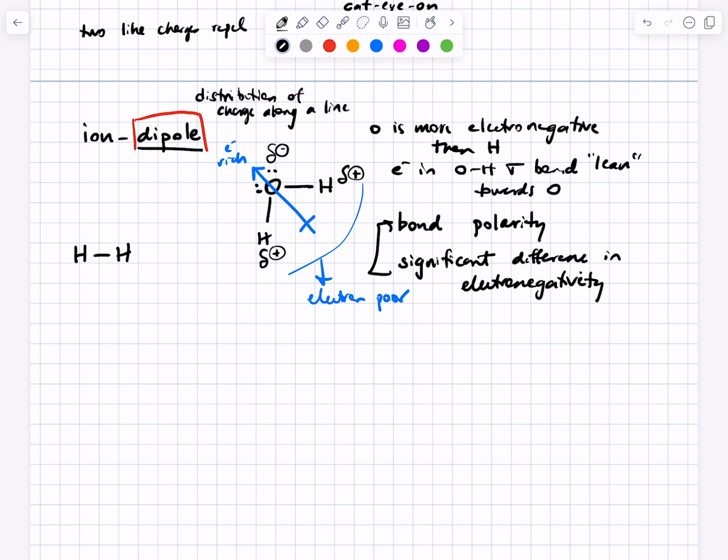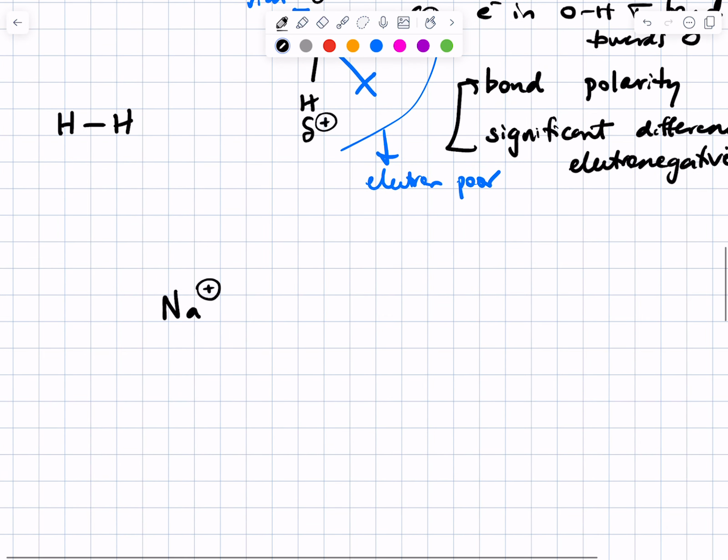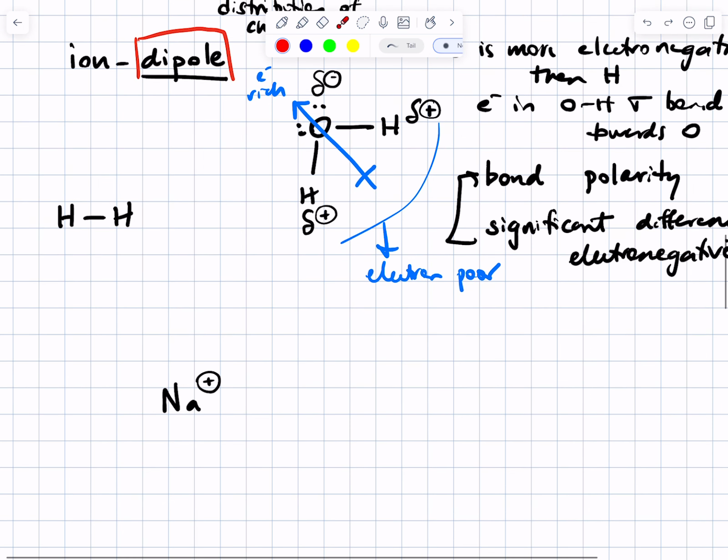Now, what is an ion-dipole interaction? Let's look at it in the case of sodium and chloride getting dissolved. A sodium ion, which has a full positive charge, can interact with water molecules. But you tell me which portion of the water molecule is going to be pointed towards the sodium ion? Oxygen. Why?